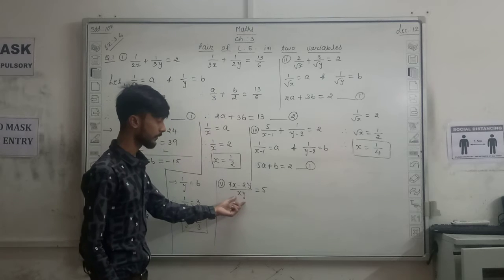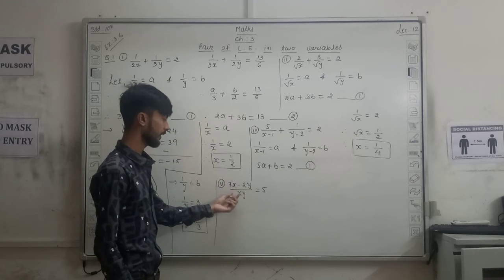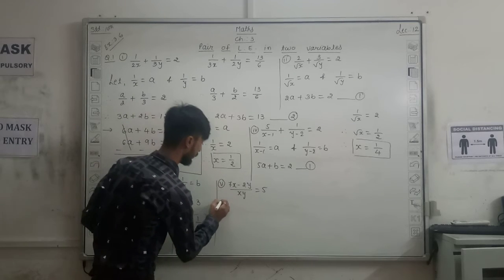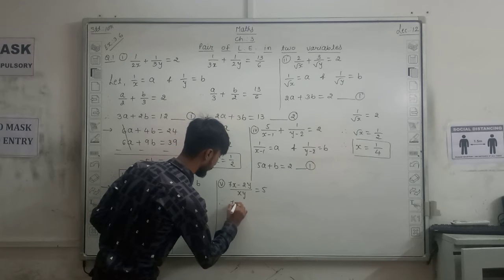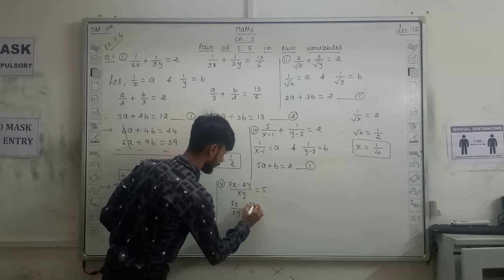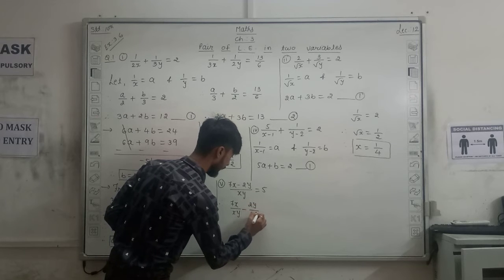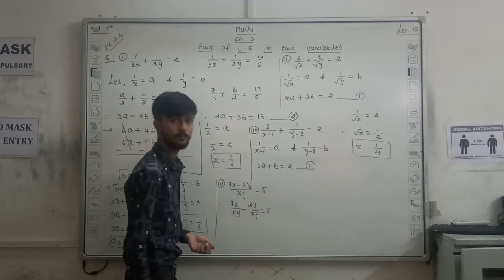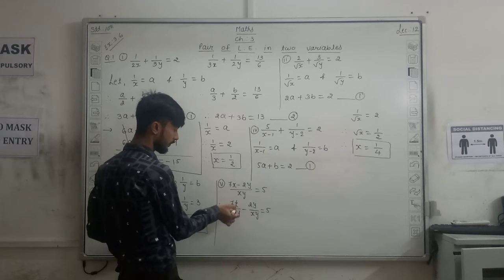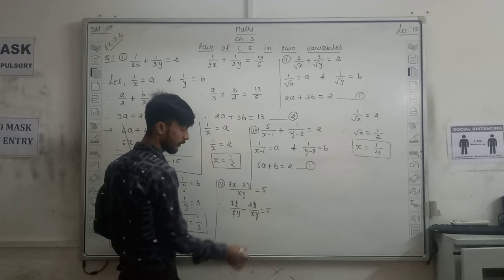Okay, quite different. So separate this xy to 7x and 2y also. So we get 7x upon xy minus 2y upon xy equals to 5. Right? Now cut x, y, y.